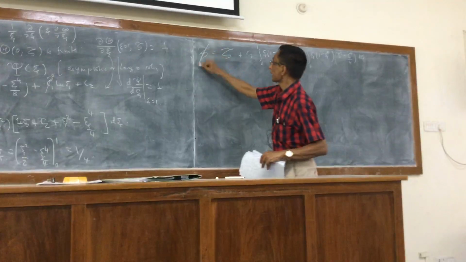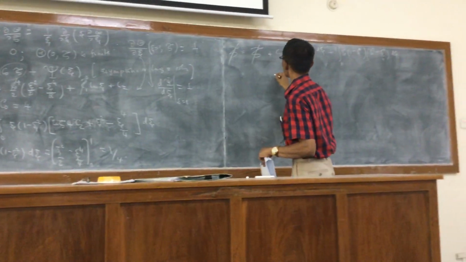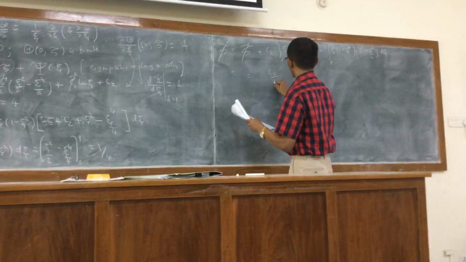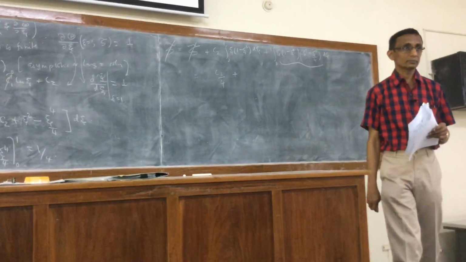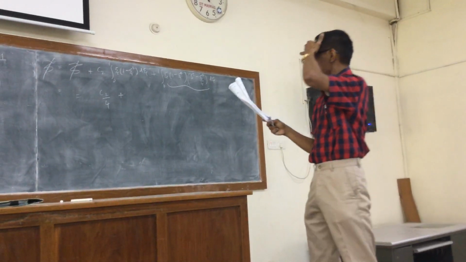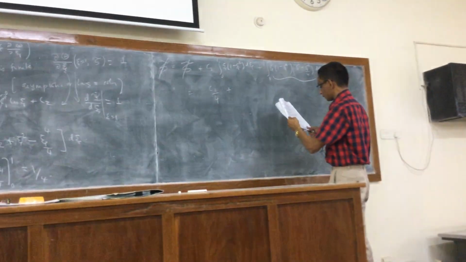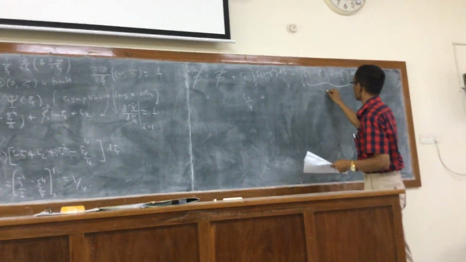So this will get cancelled because we have clearly determined it to be 1 over 4. So this will be C2 over 4. So this has to be calculated, right? So that's what I get if you calculate it, it turns out to be 7 over 96.